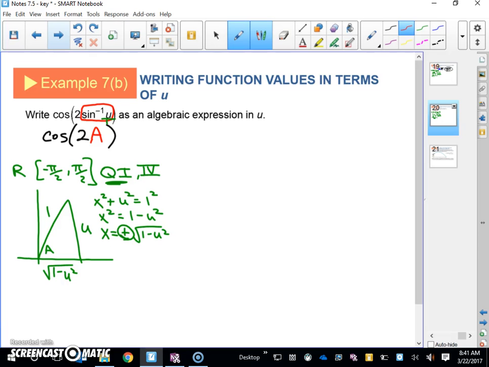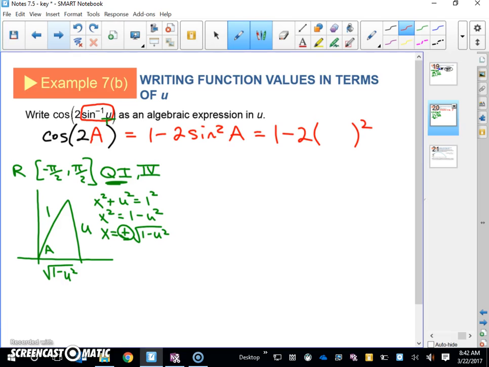Okay, I'm finding the cosine of 2a. So let's look at one of my 3 double angle identities. Maybe we use 1 minus 2 sine squared A. I just picked one. If you look at that, that's 1 minus 2 times the sine ratio squared.